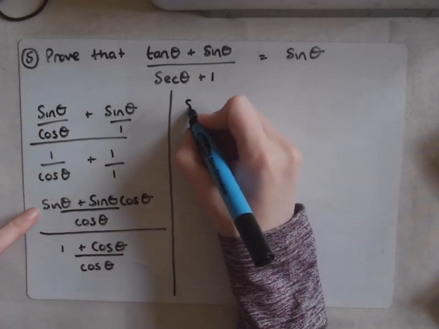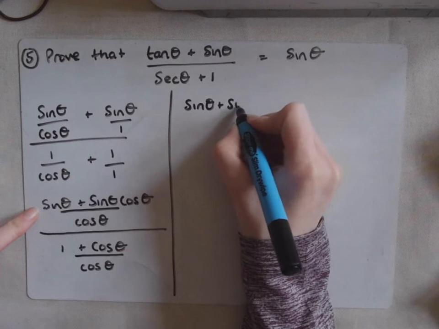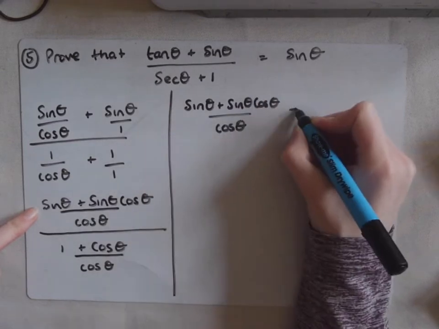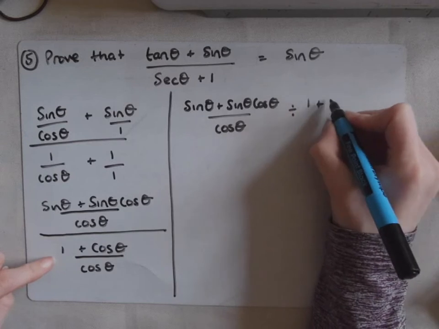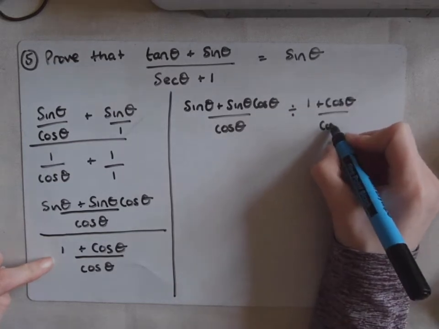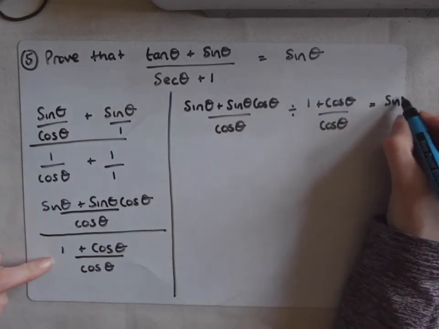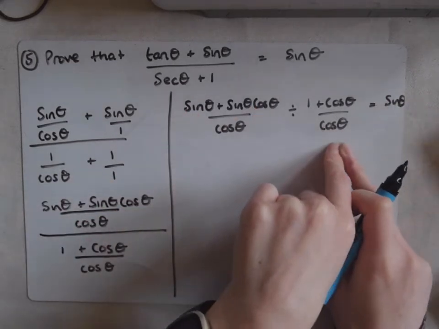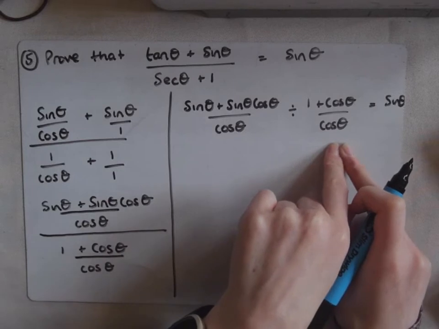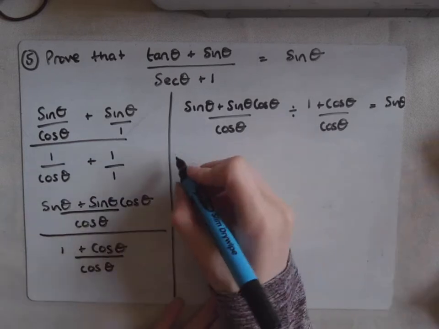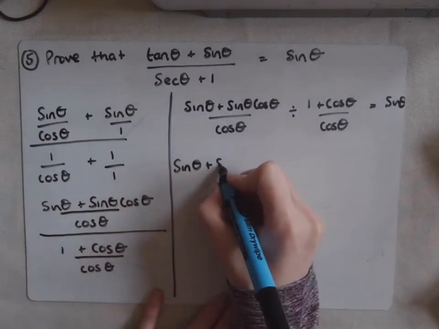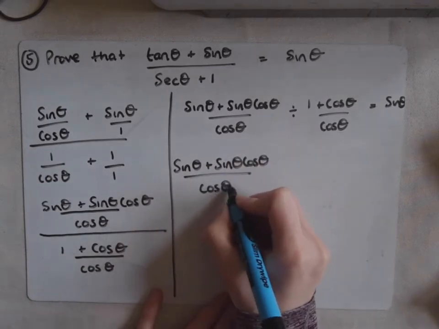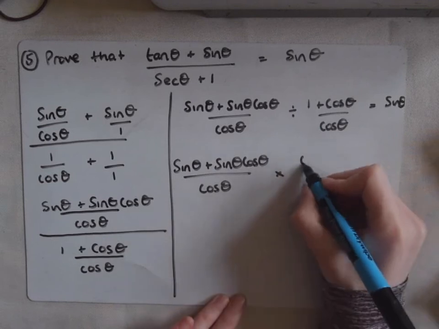I have sine theta plus sine theta cos theta over cos theta divided by 1 plus cos theta over cos theta. So that's what my question is, the top line divided by the bottom line. Now I know when I'm dividing with fractions, I turn it upside down and multiply.